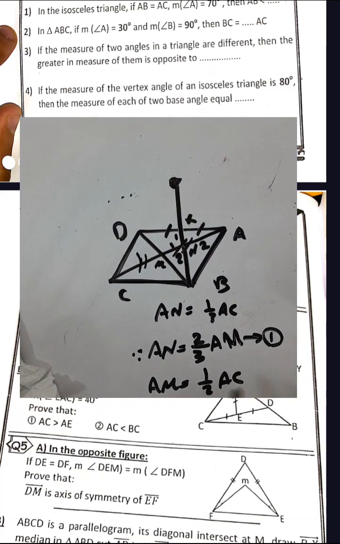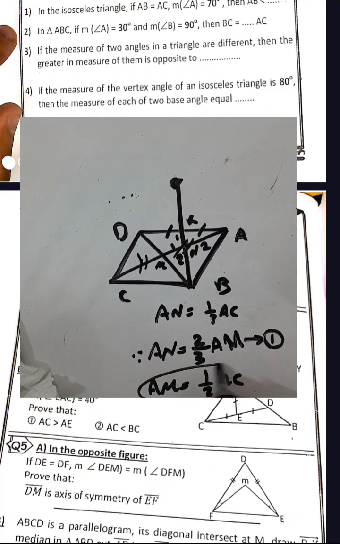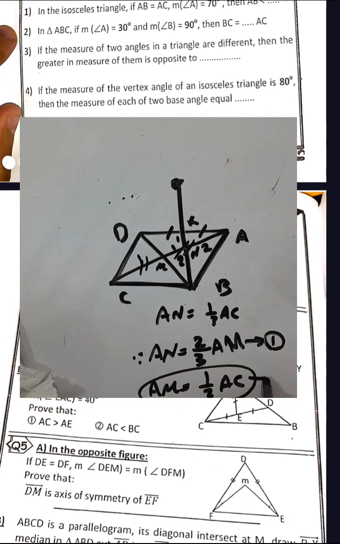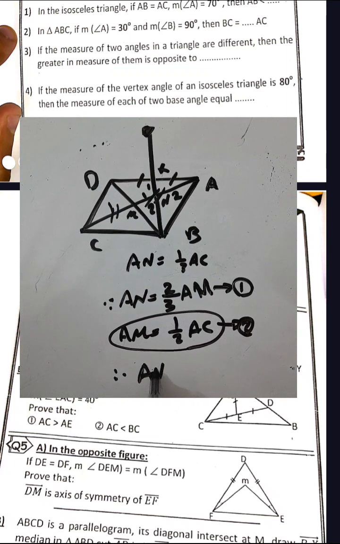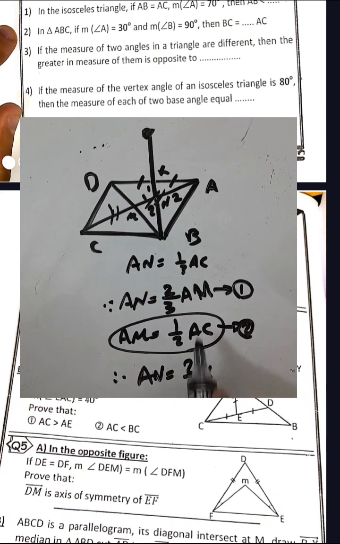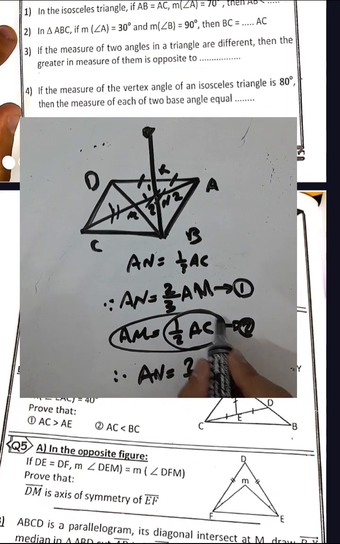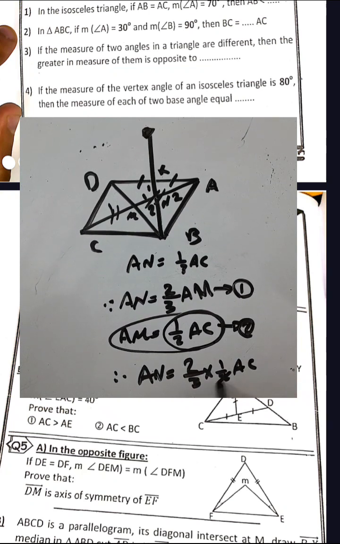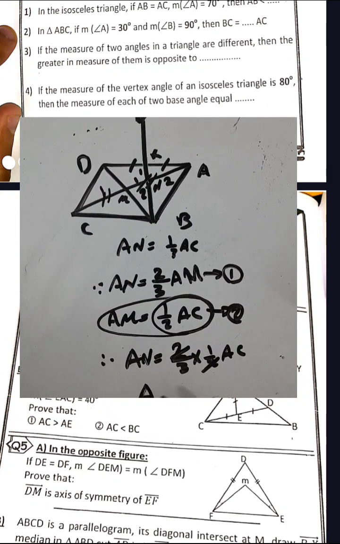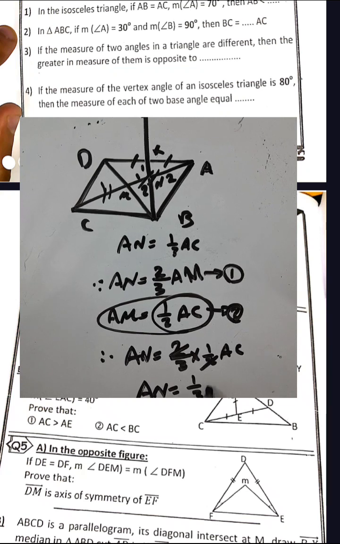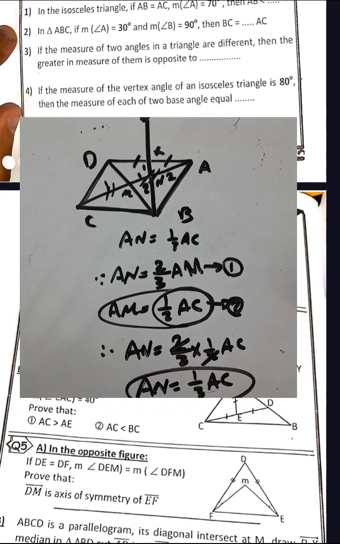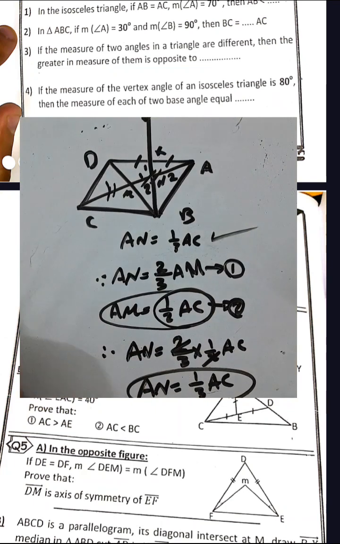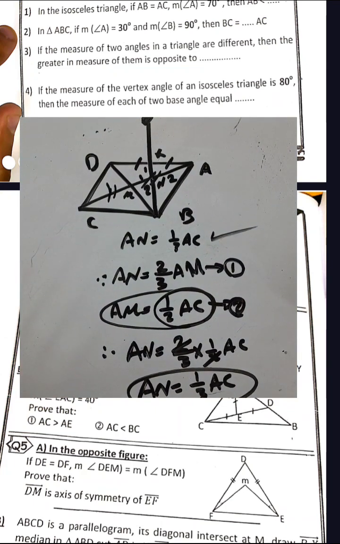Then you can cancel AM and write half of AC in relation number 2 here. Then AN will be equal to 2 over 3 times AM, cancel AM and write half AC, cancel 2 by 2. Then AN will be a third of AC. AN here equals a third of AC. Okay, it's true. You must draw this example exactly to know the steps.